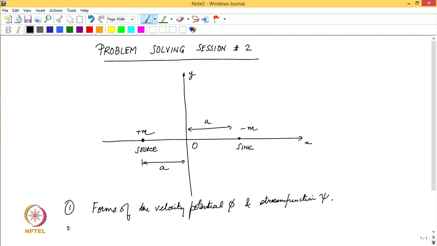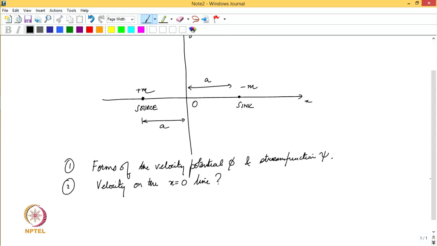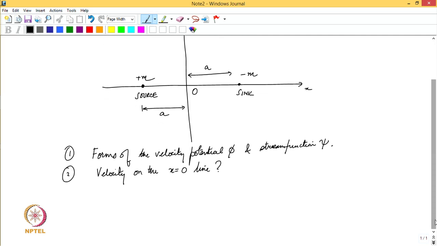In the second part, we will derive the velocity in this resulting flow on the x equal to 0 line, which means basically the vertical line which passes through the origin. So, the problem may seem slightly easy for us to take up, but there are reasons why I think we should spend some time on this.